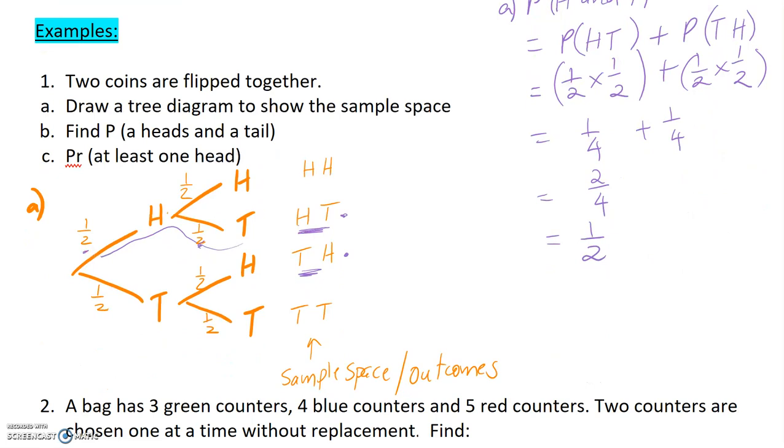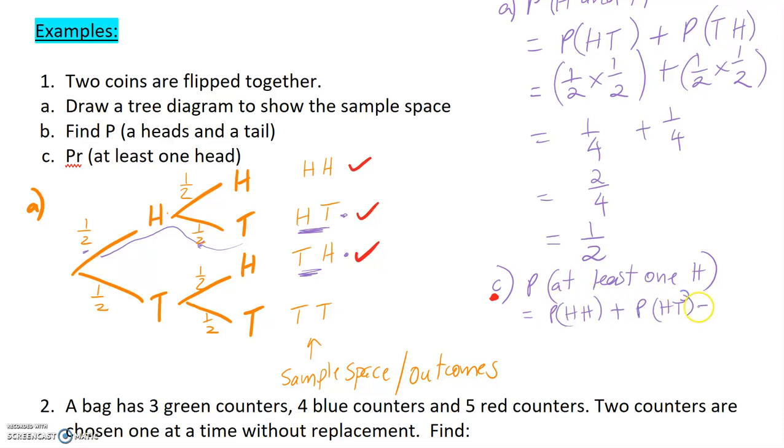Make sense? Okay, now C. Probability of at least 1 head. Again, 1, 2, 3, at least 1 head. Okay, so same thing. So the probability of at least 1 head is equal to the probability of HH plus the probability of HT plus the probability of TH.